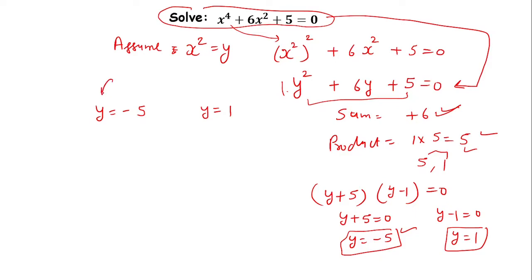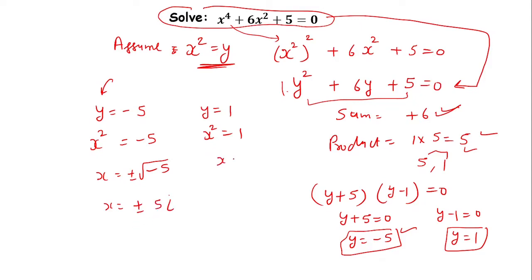Now, what was the assumption? My assumption was y = x². So we have to replace again. y is equal to x². If you remove this square, that becomes square root, but never forget adding the plus and minus signs. So my answer is ±5i.